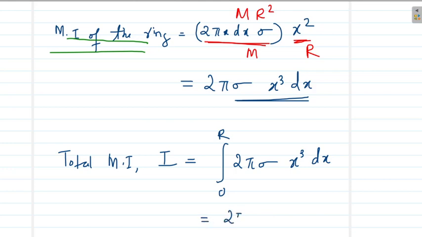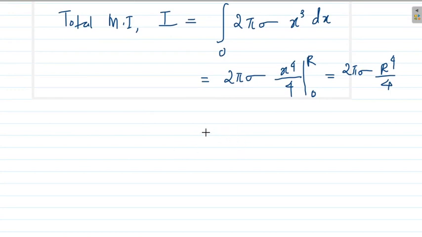This is equal to 2 pi sigma into x raised to 4 by 4 from 0 to R. That is equal to 2 pi sigma into R raised to 4 by 4.